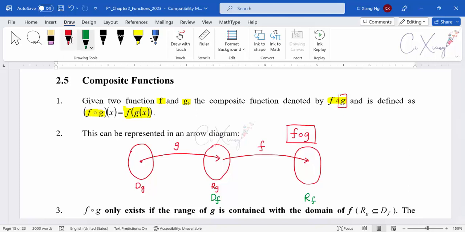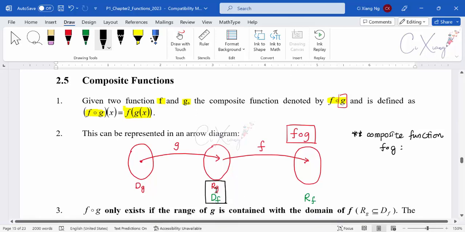Therefore, from here we can observe one important result for the composite function fg. You can see that the range of g and the domain of f seem to come from the same set of data.